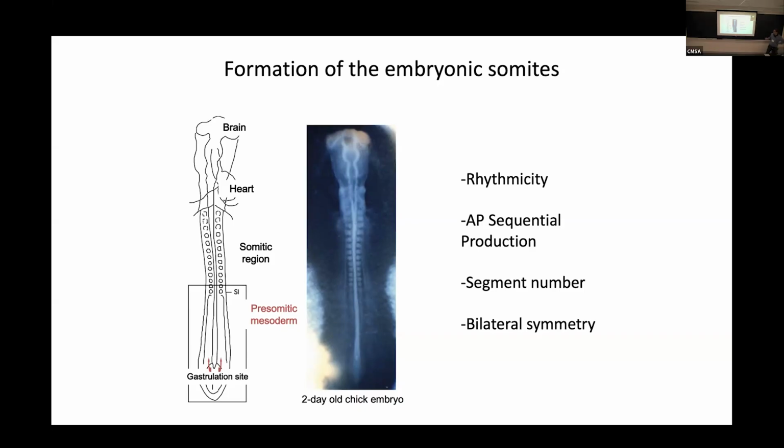And then there is bilateral symmetry, which is very well illustrated at the level of the somites, as you can see here. I'm not going to discuss bilateral symmetry. It's a very interesting property of most animals which belong to the clade of the bilateria. And we know very little about how this is established and how this is maintained and coordinated during development.